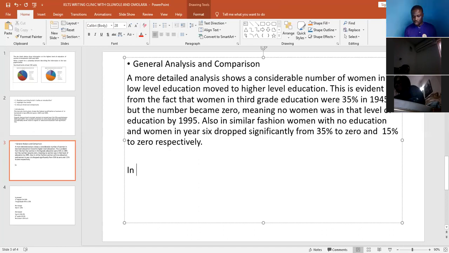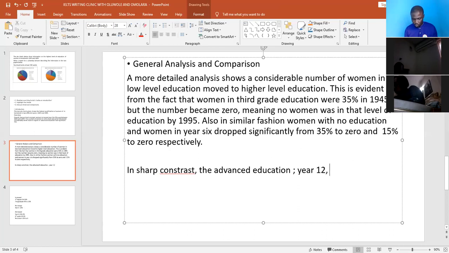In sharp contrast, the advanced education, that is year 12, first degree, and postgraduate degree. Okay, you now present it very well. Yeah, I'm trying to see it.